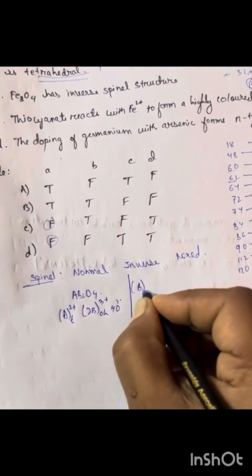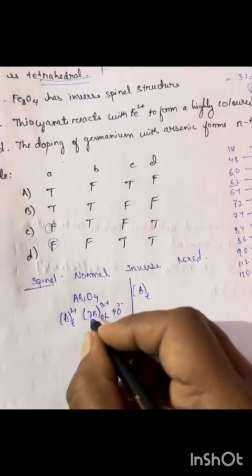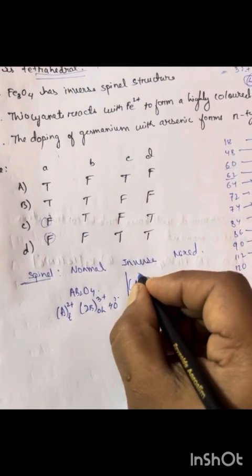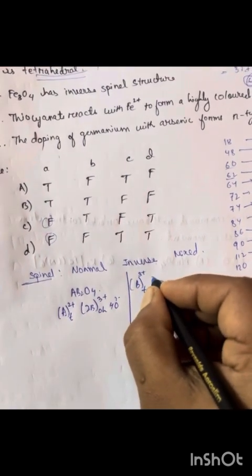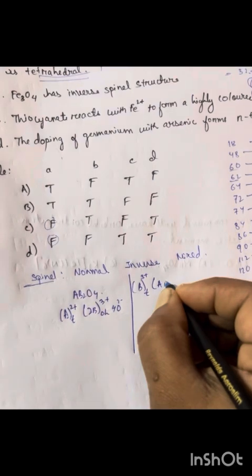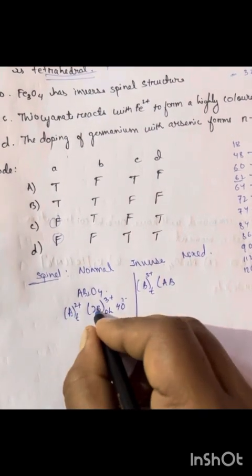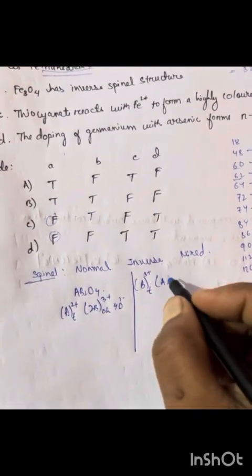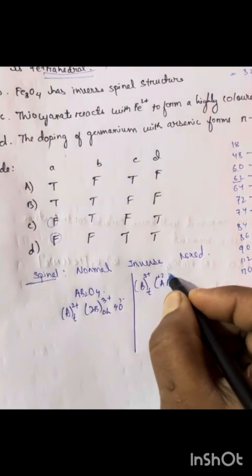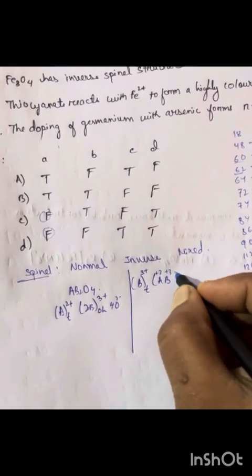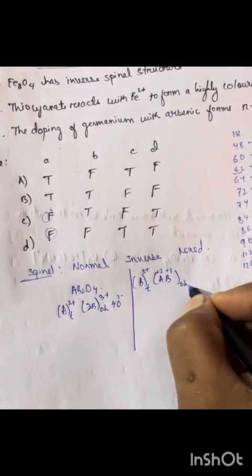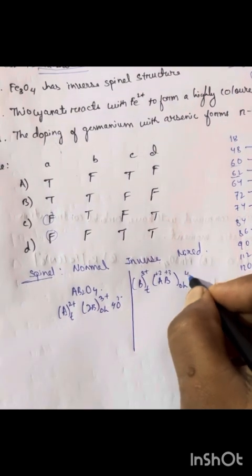B tetrahedral is now 3 plus, right? And A is now 2 plus, and the other B is 3 plus, all octahedral, then 4 O2 minus.